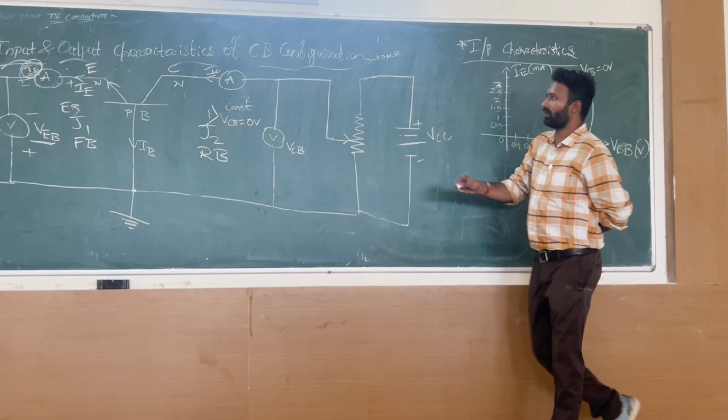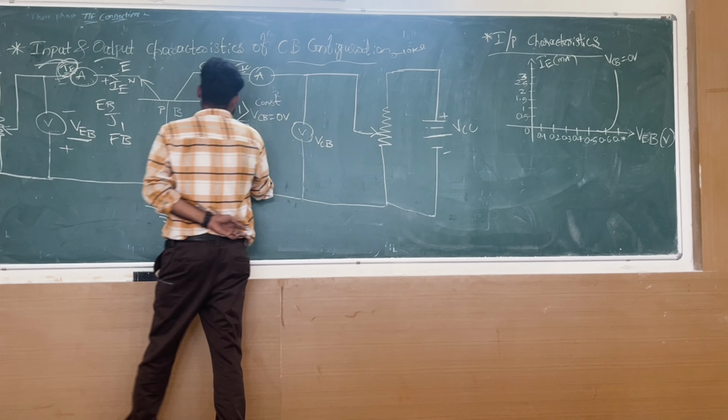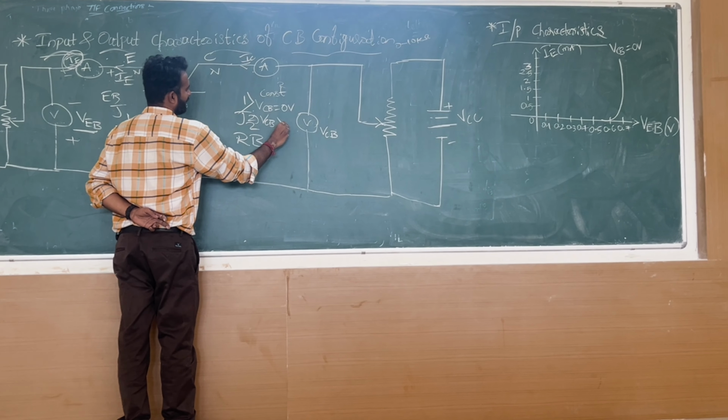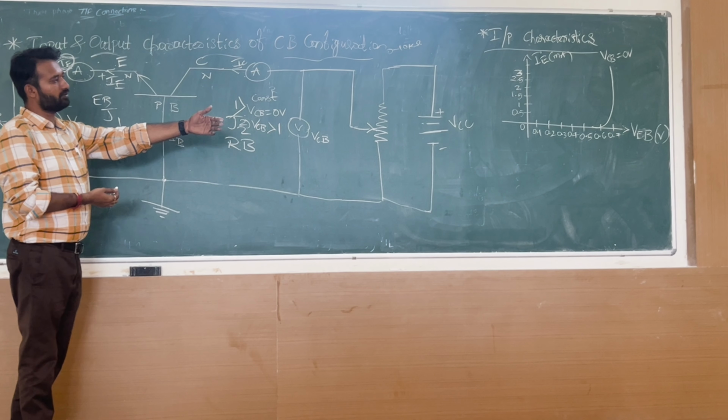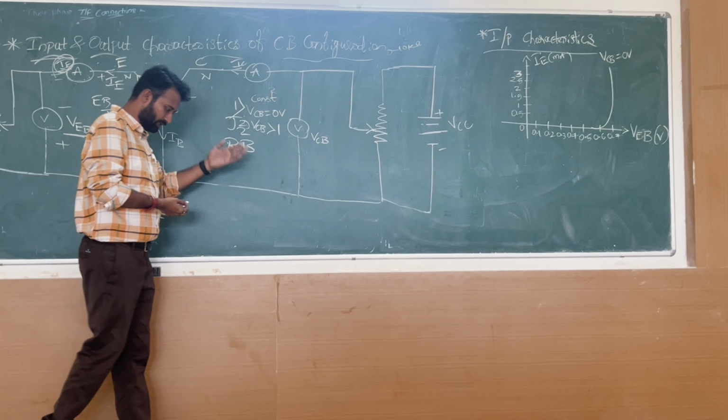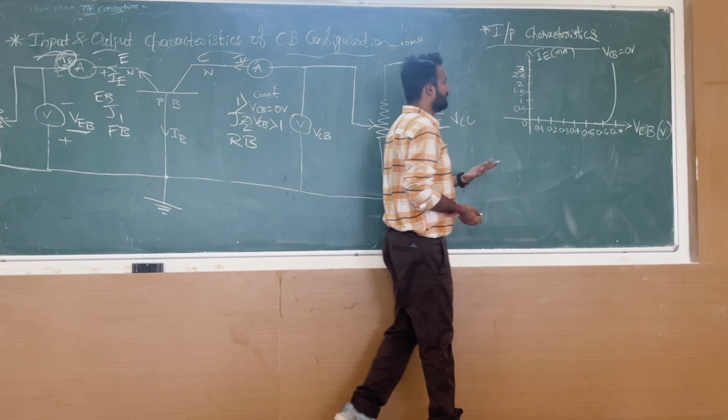In the second case, I will make VCB greater than 1 volt. Again I will repeat the same step: I will vary VEB and note down IE. Here, let me tell you what will happen.